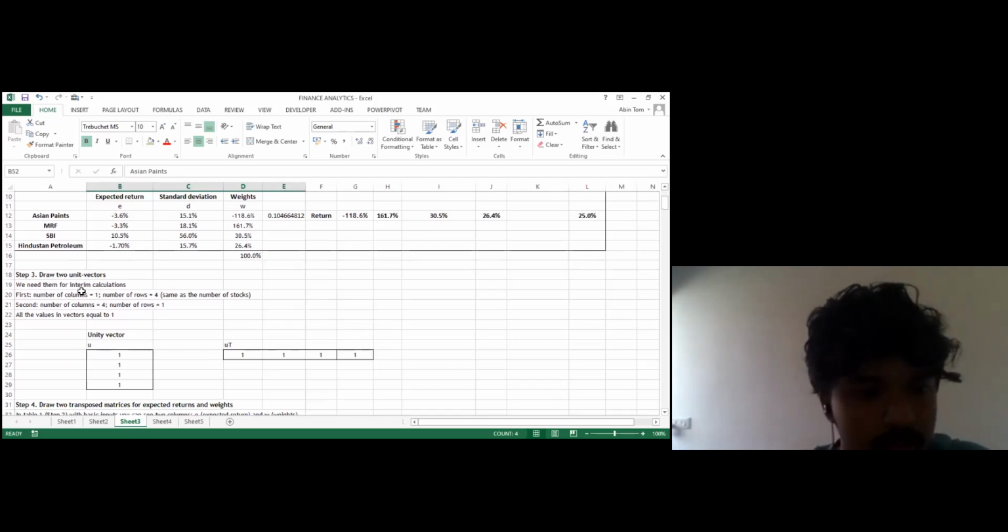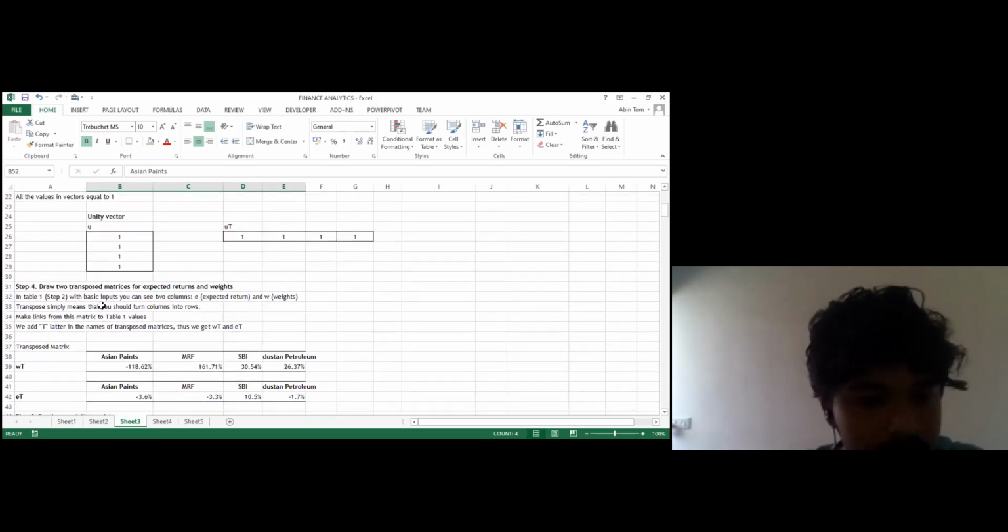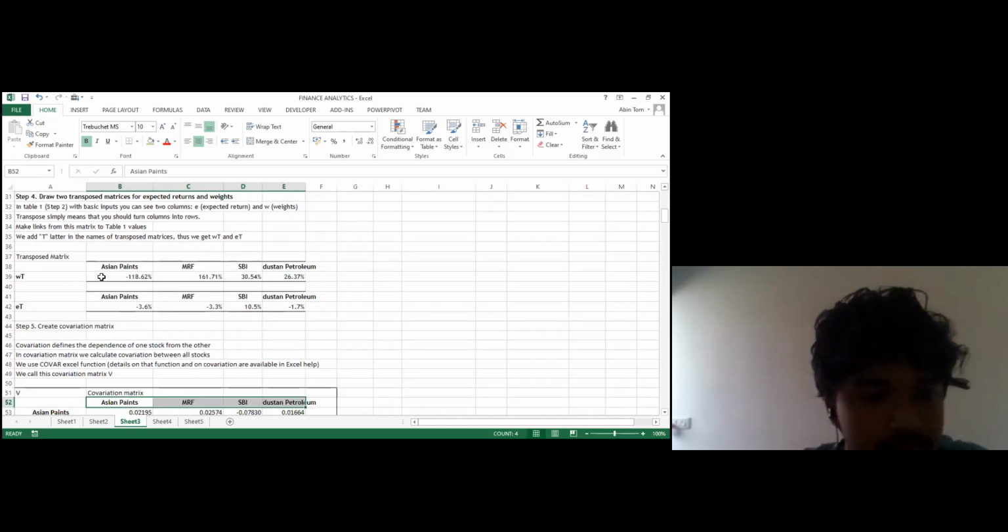We need them for the calculations. So we added number of columns 1 and number of rows 4 because we selected 4 companies. Then we move to the fourth step. We have to transpose the matrices for expected returns and weights. And so we calculated the transpose matrix for each company.